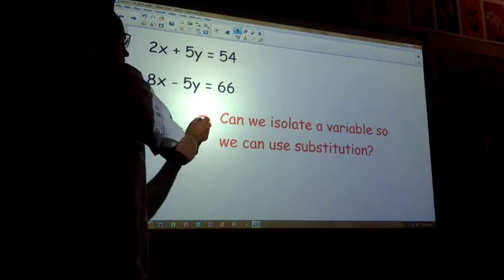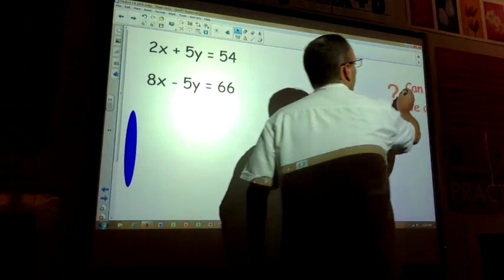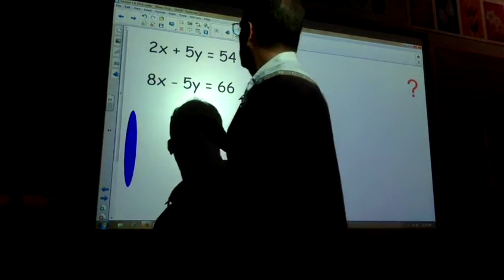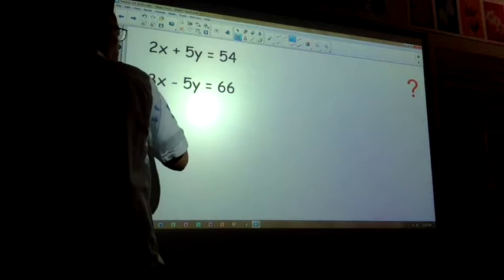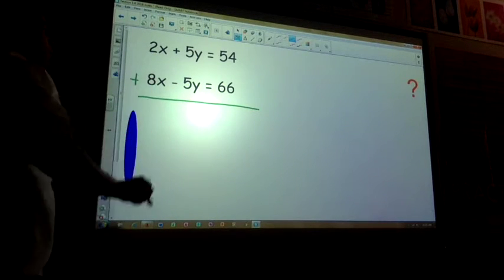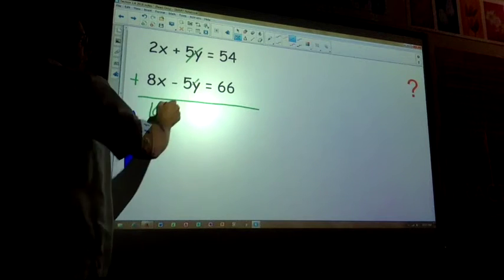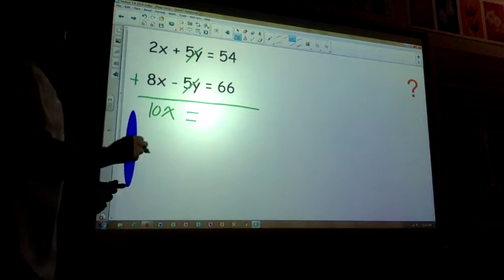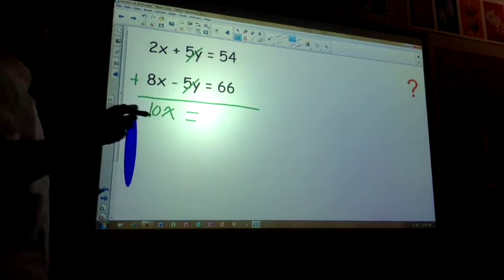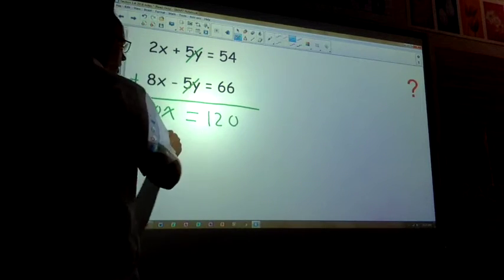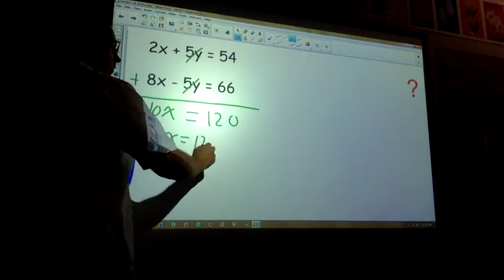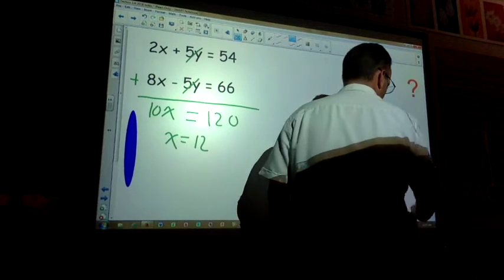So does everyone agree that the easiest way to do this one right now, it's set up so that I add them together and get this, and these cancel. What does that give me? 120. So what is x equal to? 12. Are we done with the problem at this point?